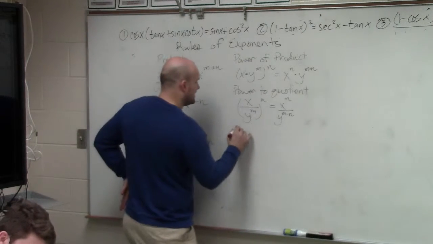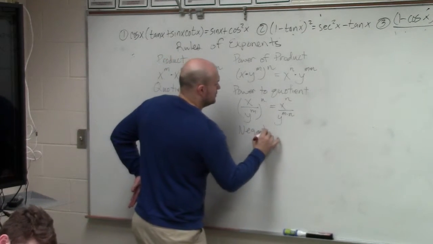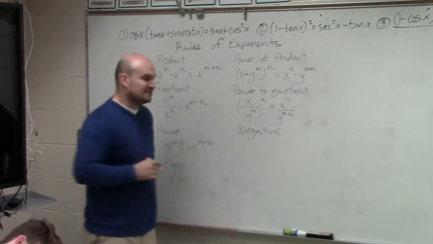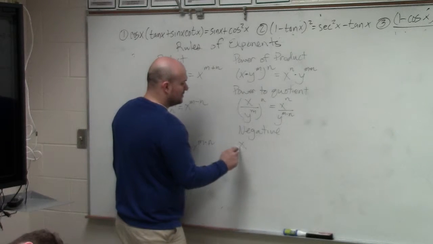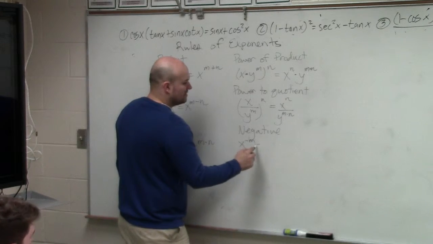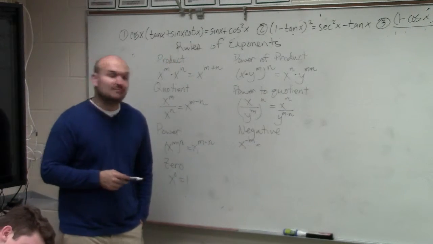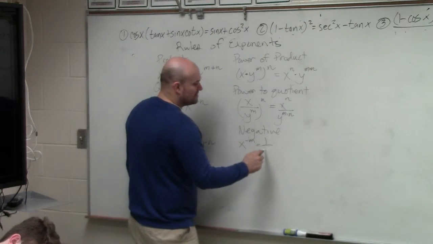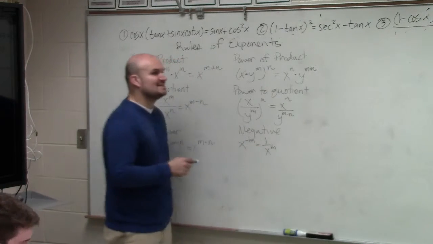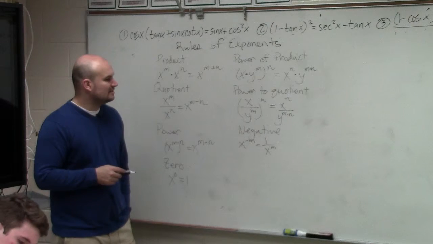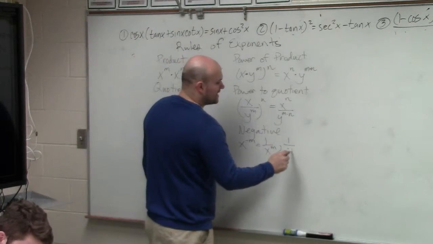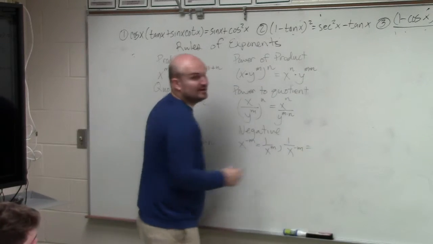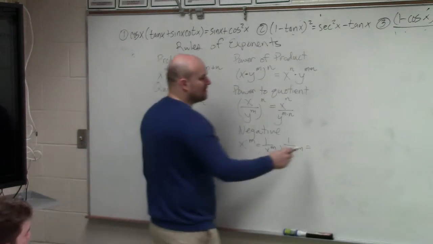Then we also have the negative exponent rule. This is one that students started having issues with. If I have x to the negative n, a lot of times we don't like to write them with negative powers. We want positive powers, so we write it in the denominator. Or if I have 1 over x to the negative m, to rewrite that as a positive, I can rewrite that in the numerator.